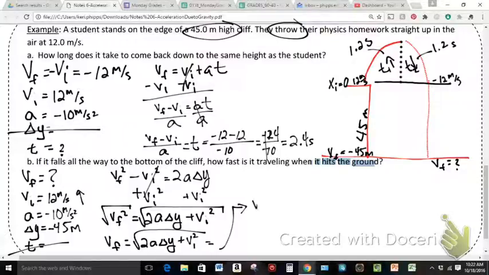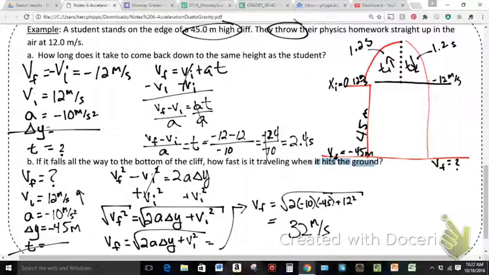So I'm going to come back in and put all our values here. And we are left, so our final velocity is equal to the square root of 2 times negative 10 times negative 45 plus 12 squared. Then it's just calculator time. And that will give us 32 meters per second.